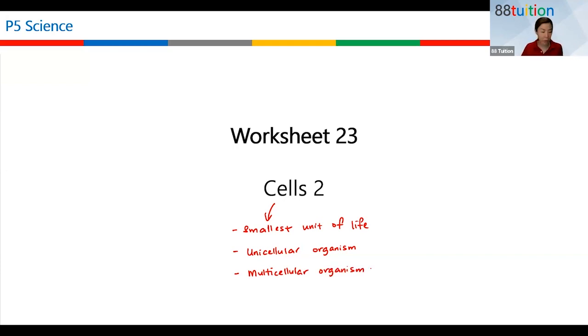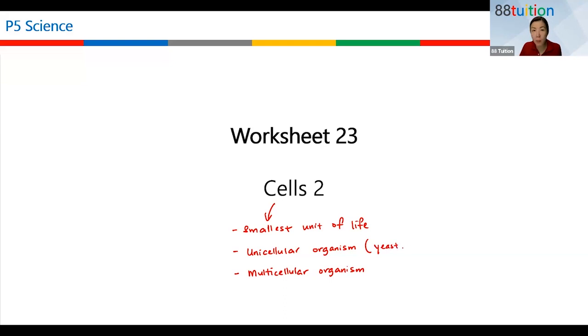Do you know examples of unicellular organism as well as the multicellular organism? Anyone? Okay, Joan, I saw your input as well. Thank you. So examples, do you know? For example, the unicellular. Yeah, is one. But do you know any examples of organisms that are unicellular? So examples here.